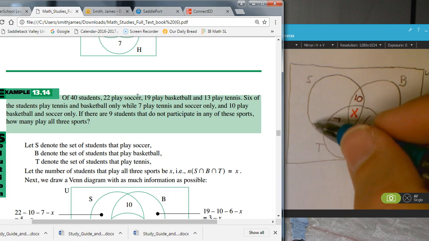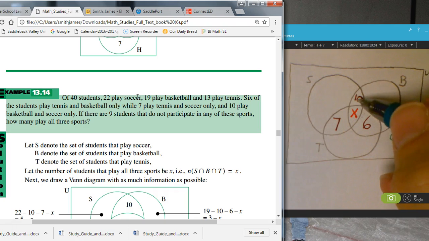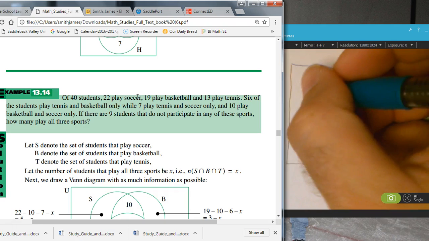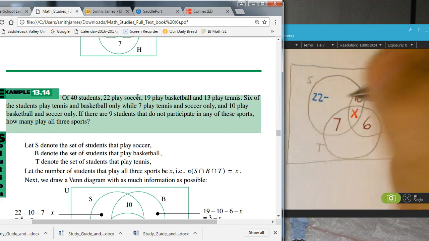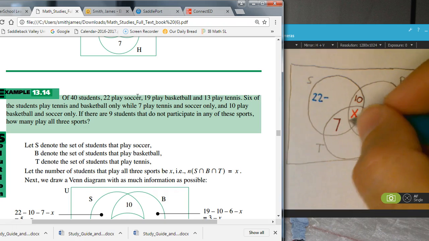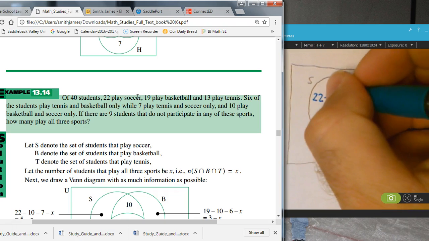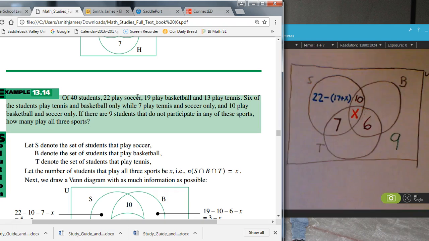If this is a total of 22, and I subtract out what we already have, which is the 17 and the X, that's what's remaining for soccer only. So I'm subtracting out the amount that we've already identified from the 22 to go in the soccer only area.